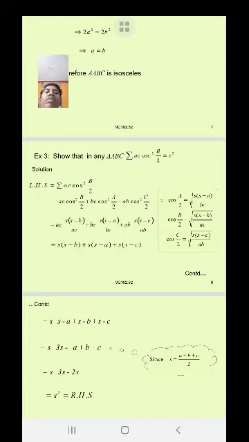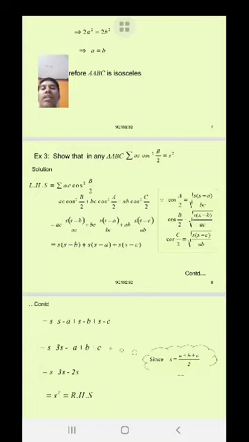Sigma means we already know the cyclic summation. So in a triangle ABC, up to C we have to write according to the term, the cyclic summation.